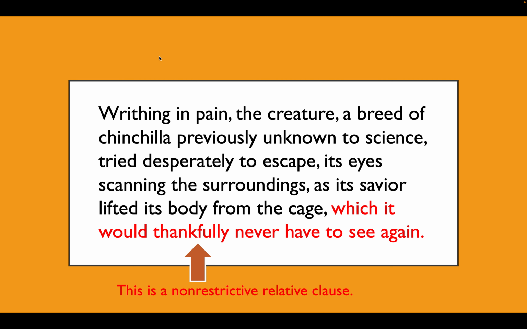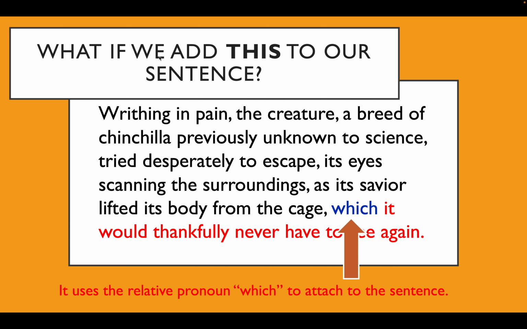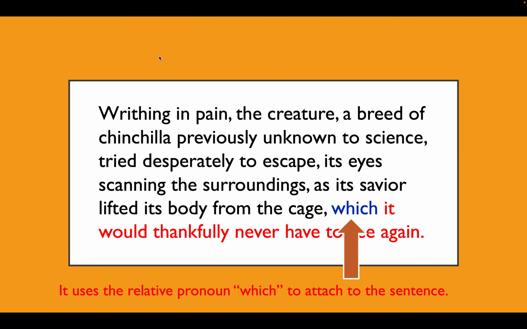And the key moving part here is the relative pronoun which, and that attaches it to the sentence. And so you might see clauses like that as well, because we do have a noun and a verb form properly coordinated, so it does create a clause. But the which, the relative pronoun, makes it dependent as well.